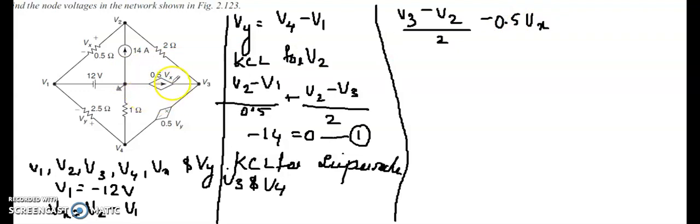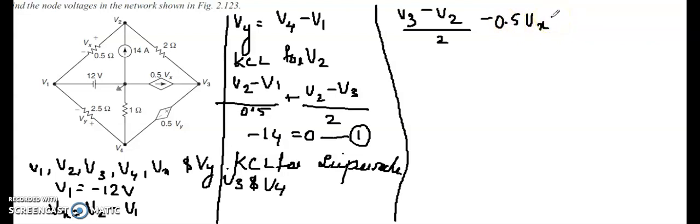See, this is the current directly given. There is no resistor or anything given. This is a direct current. That is why we have written it as 0.5 Vx. Normally we find the current as voltage difference by resistance, but here the current is directly given. Therefore we write it as 0.5 Vx.